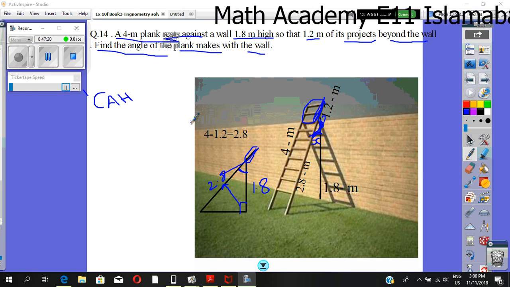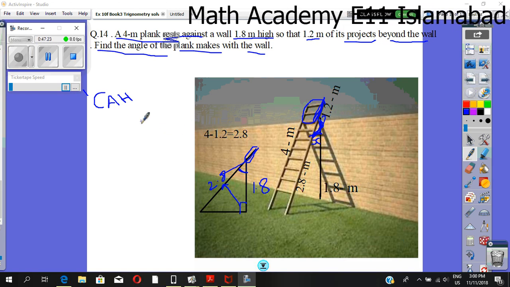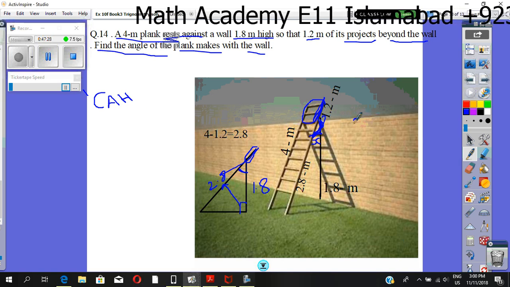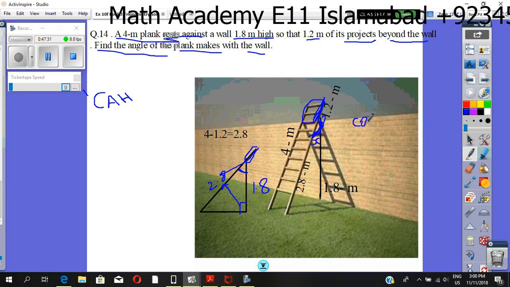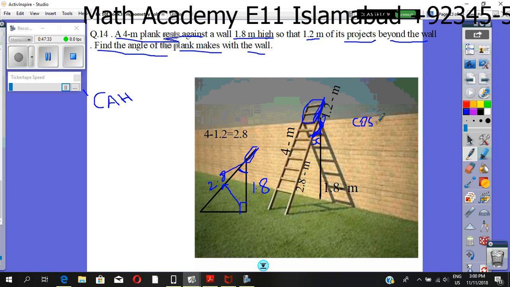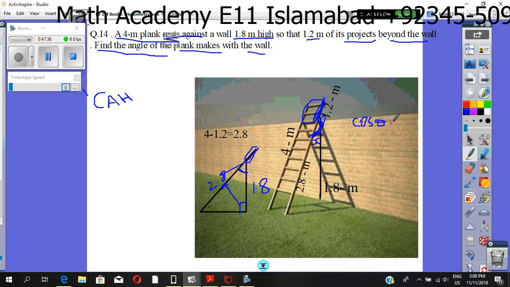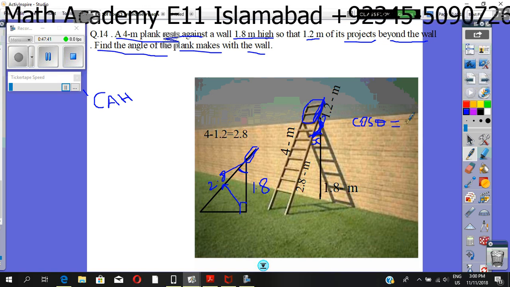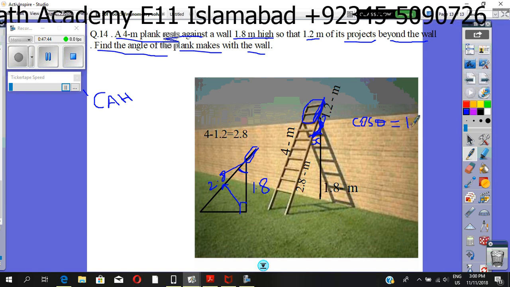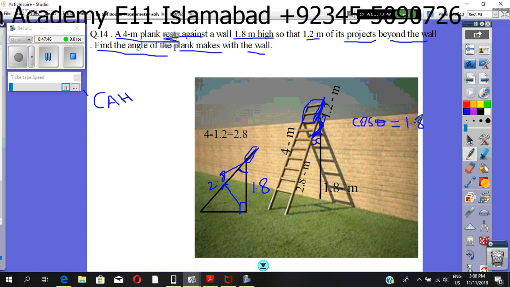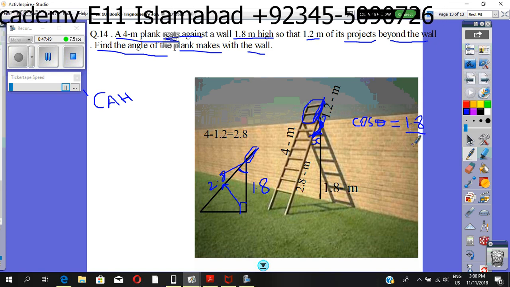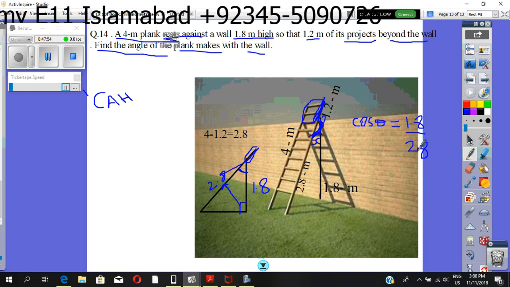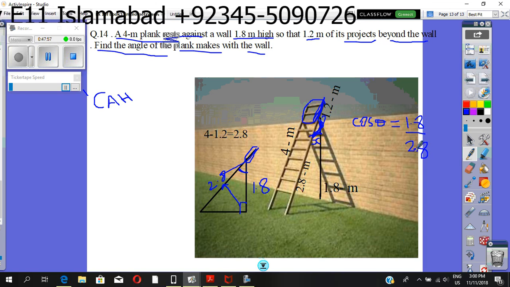So if we use cos theta, theta is unknown, we're supposed to find the angle. Cos theta equals adjacent over hypotenuse. Here adjacent is 1.8 over the hypotenuse 2.8.